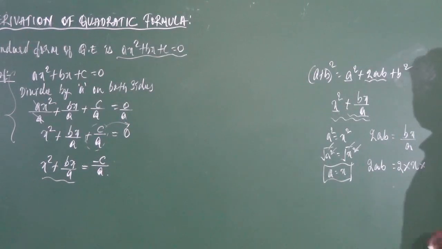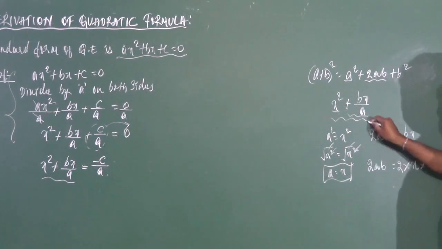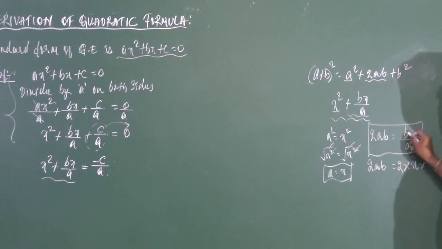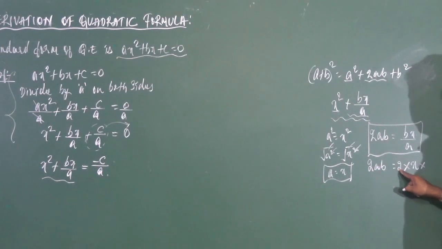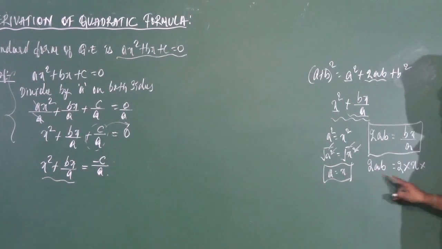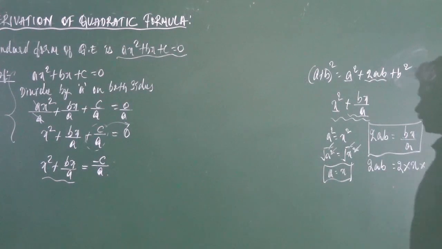I hope you are getting this. So 2ab is bx by a. So I am writing 2ab is equal to 2 into, the same 2 continues, into x, and I have to write b here, so that when I multiply all these three, you get back bx by a. So I have to search for b, so that b can be b by 2a.